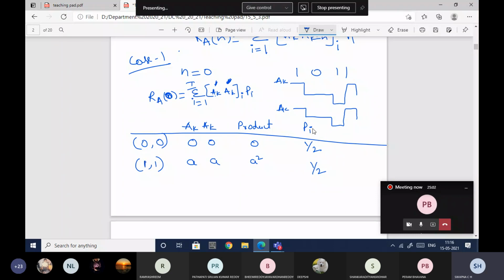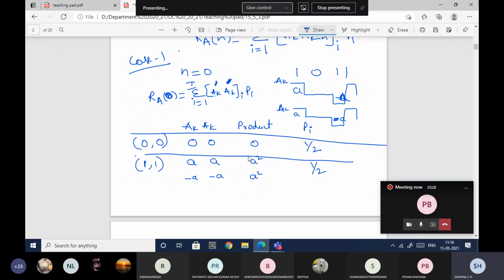If this is negative, here at this location I have minus A and minus A, so the product is A square. Here again I have minus A and minus A, so the product is A square. So the total probability of this event occurring is 1 by 2.